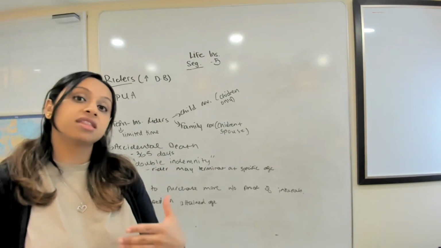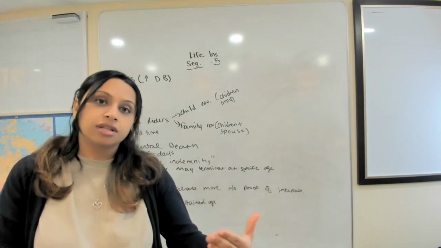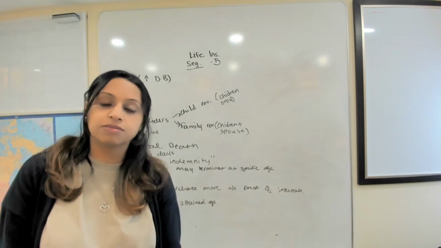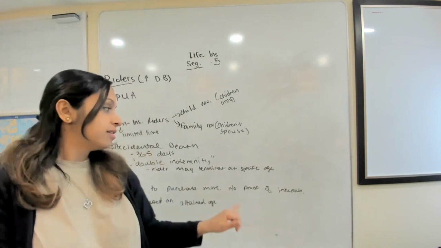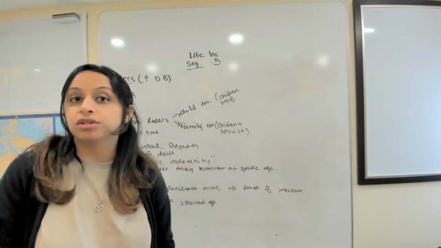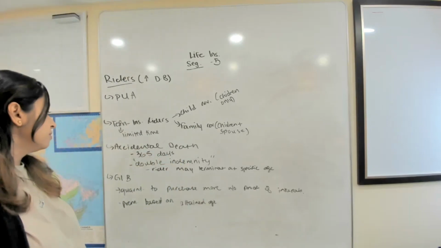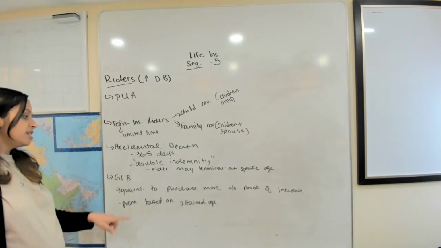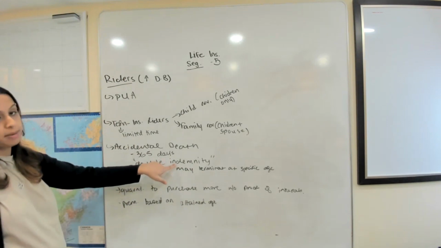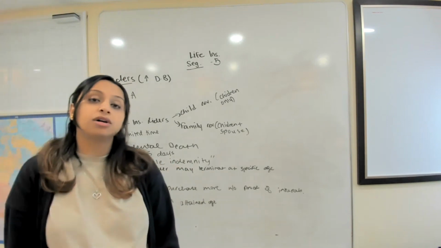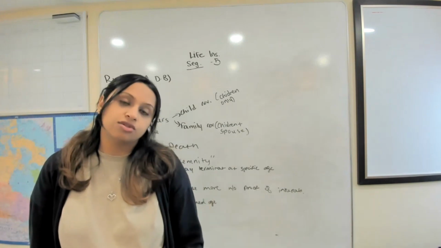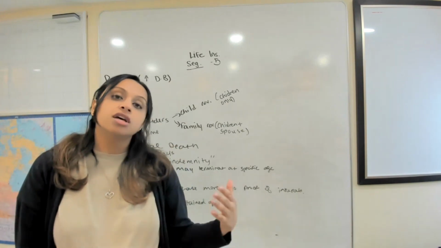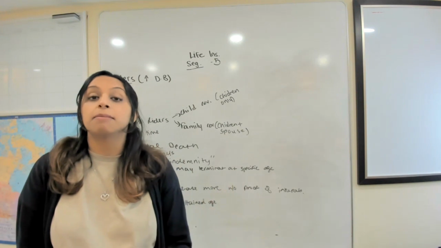They have to pass away within the year. If they're in a coma or in the hospital and that deadline passes, this rider will not be applicable. This rider gives double indemnity, meaning whatever the face amount is, it will give double that. So if the face amount is 500,000, the beneficiary will receive $1 million.